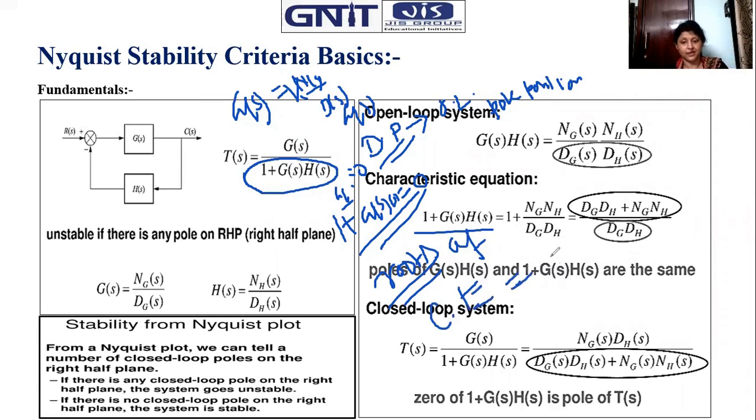G(s) has a numerator and a denominator polynomial with certain gain factors. That is the representation of G(s). Whatever the factorization of this polynomial, we get all the pole positions, and those are the open loop pole positions we can count.